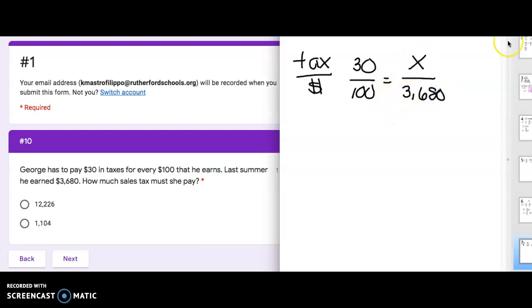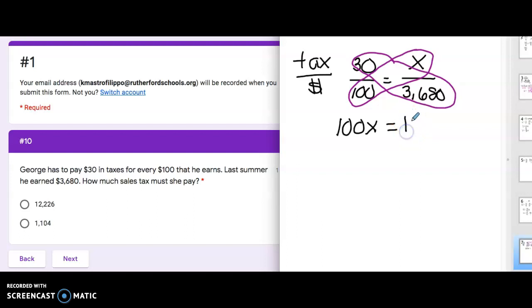So let's use our cross products. We're going to multiply diagonally using the butterfly method. So 100 times x is 100x. 30 times 3,680 is 110,400, and then we have to divide by 100 to get x by itself.